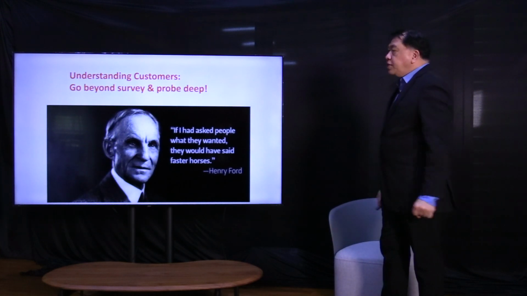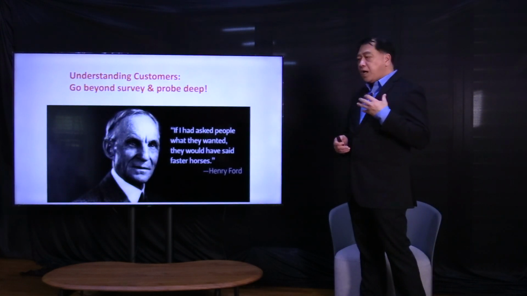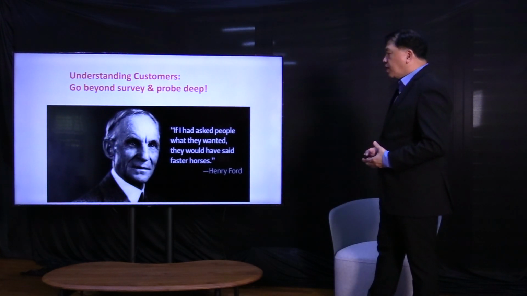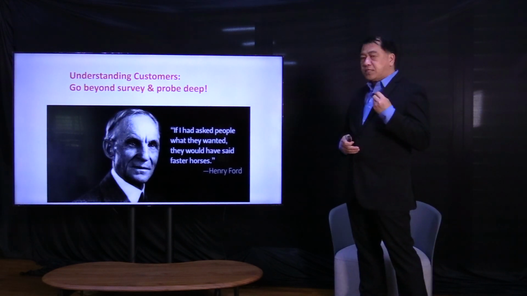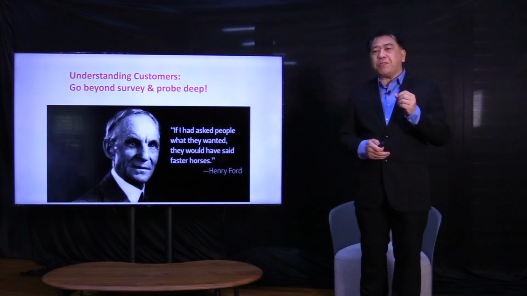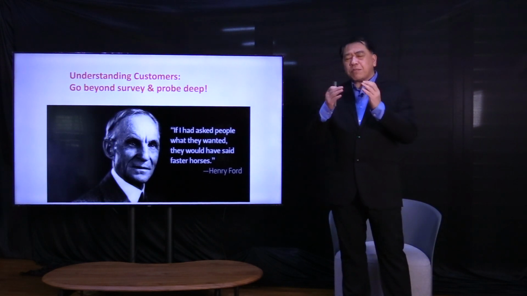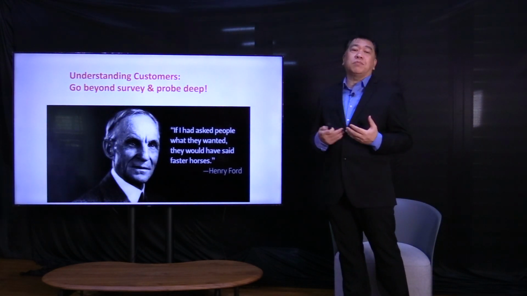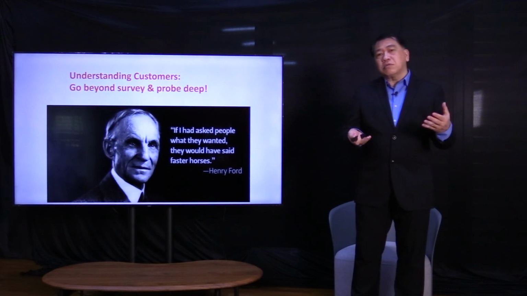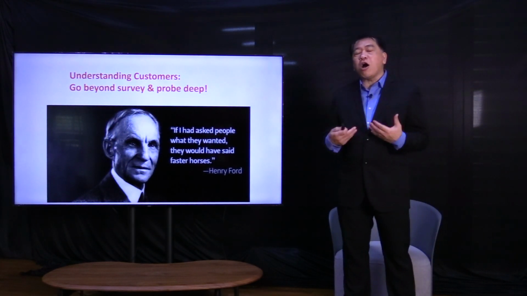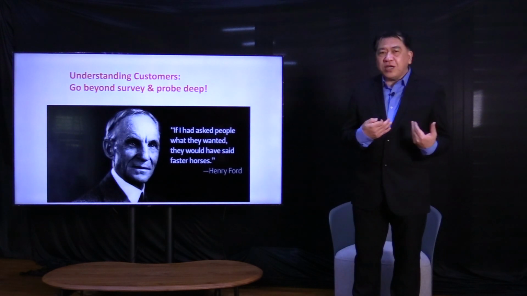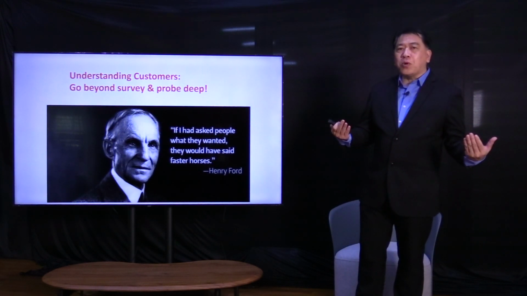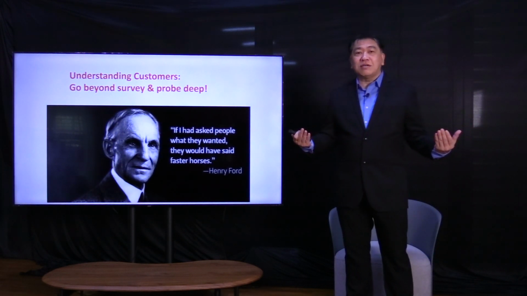Now, for understanding customers, we have come across this concept of Henry Ford to say, if you had asked people what they wanted, they would have said faster horses. Again, people would not be able to think about something different from what they are doing, or rather they were not going to imagine it. So how would a person who is riding a horse for his life figure out that he really wants a car? There's no chance, right?